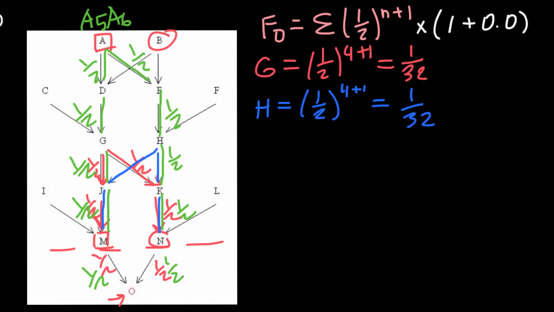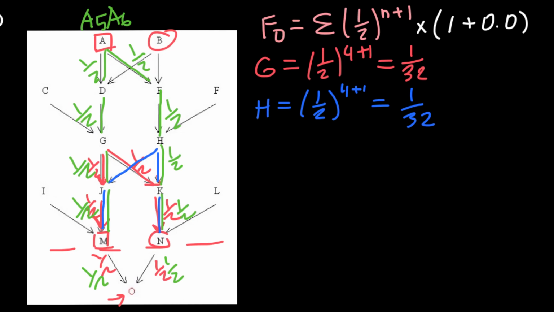So how many passes is this? 1, 2, 3, 4, 5, 6, 7, 8 plus 1, so we get 9.